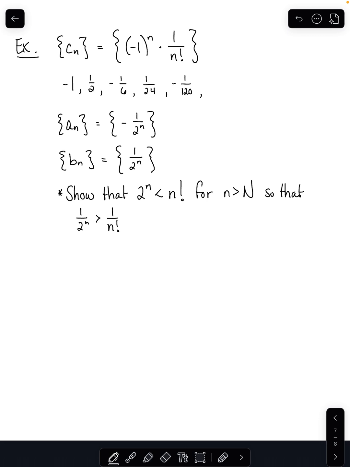Well, n factorial is going to be equal to 1 times 2 times 3 times 4 times 5, etc., all the way up to n. 2 to the n, however, is going to be equal to 2 times 2 times 2 times 2 times 2, etc., so that we have n factors of 2.